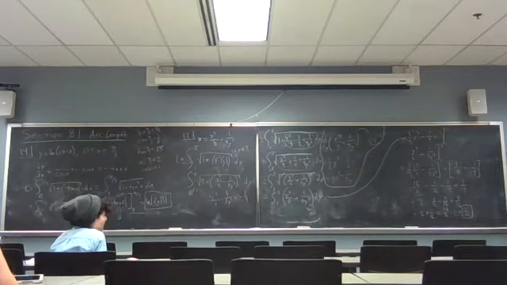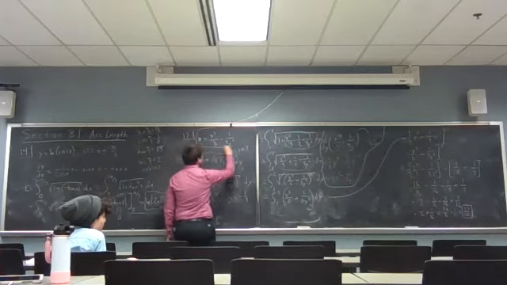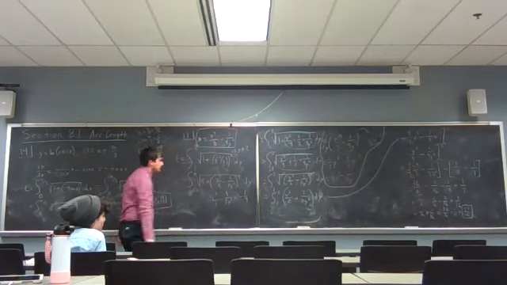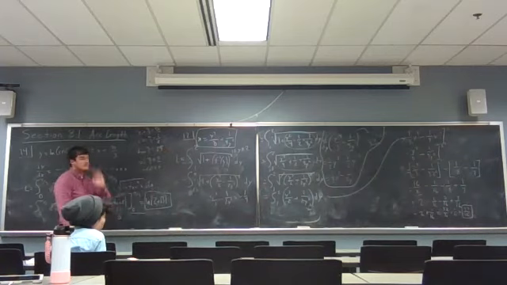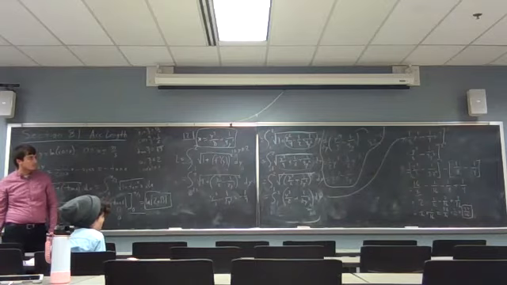Good. So this is the length of this curve from y equals 1 to y equals 2. Yes. So when we have the square root of y plus that expression, how do we just take this out?